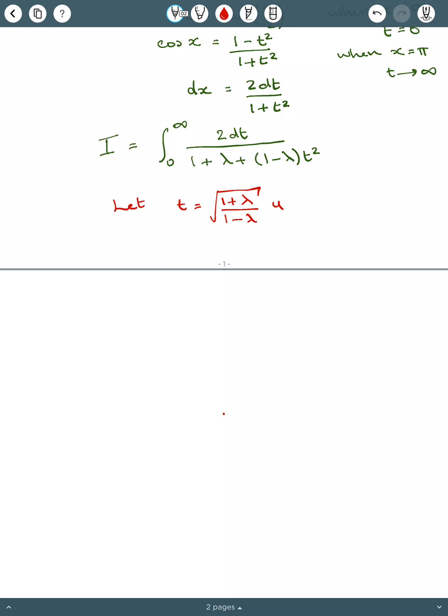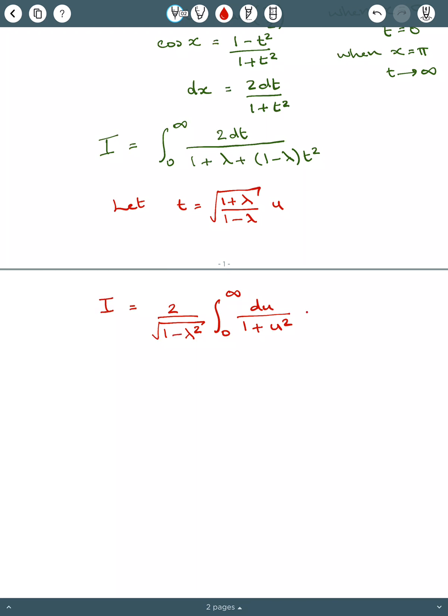We will simply get that I is 2 on root 1 minus lambda squared, integral 0 to infinity of du on 1 plus u squared.